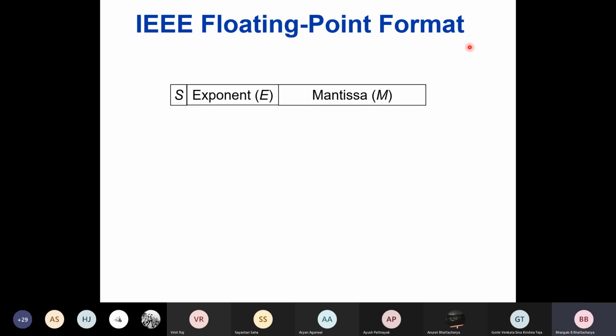So in the IEEE floating point format, suppose I have single precision. The total number of bits is 32 here. So what are the distributions of bits? How many bits for the exponent?